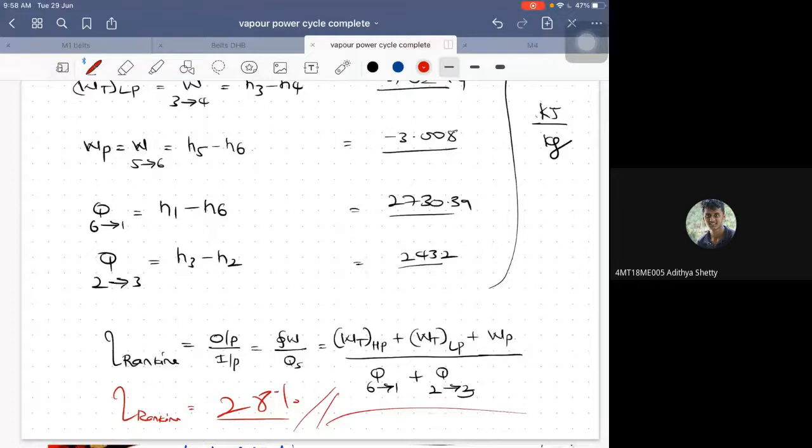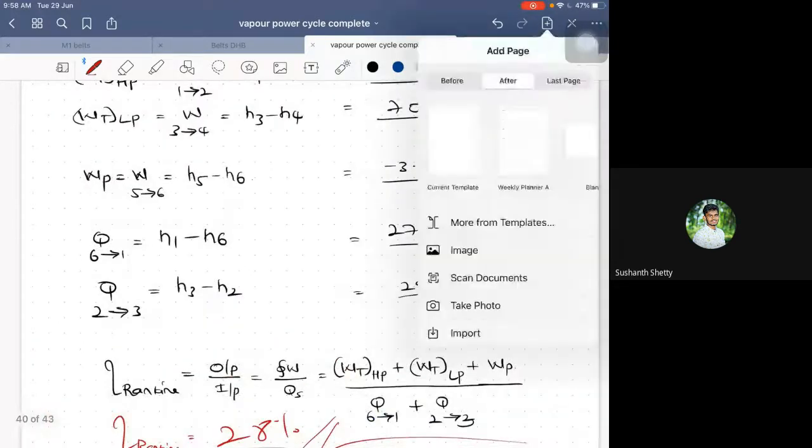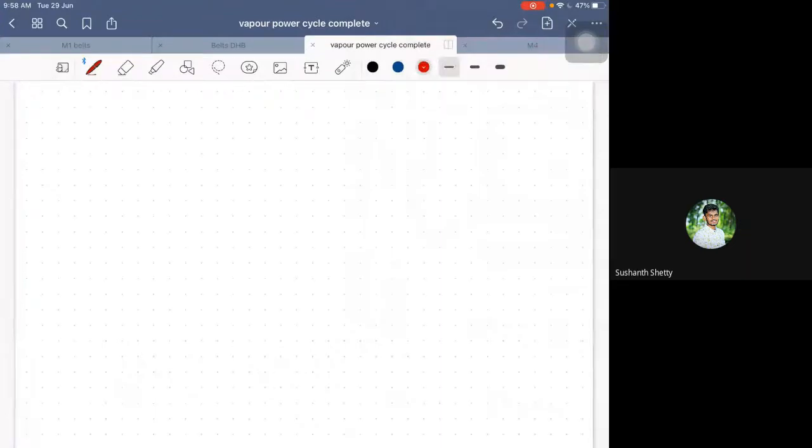We'll go for regeneration. Understood reheat? Yes, sir. Regeneration in the next class. I will just give you a problem. Keep it with you, those who want to try whether they have learned or not, they can try this.